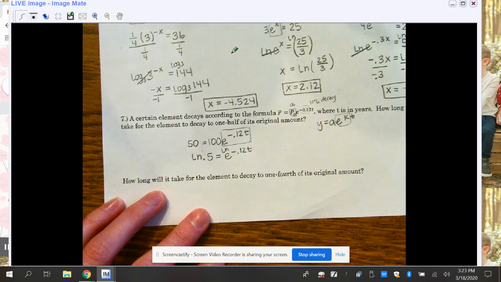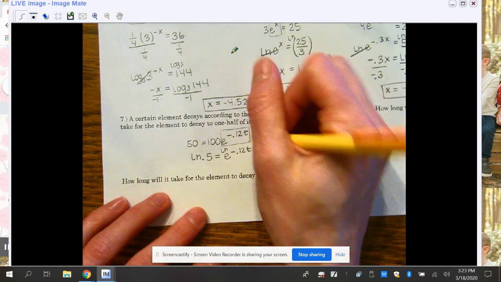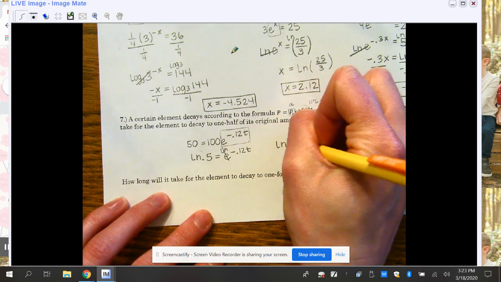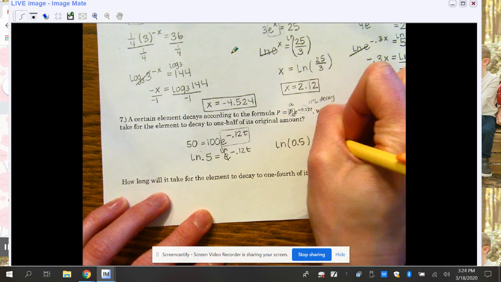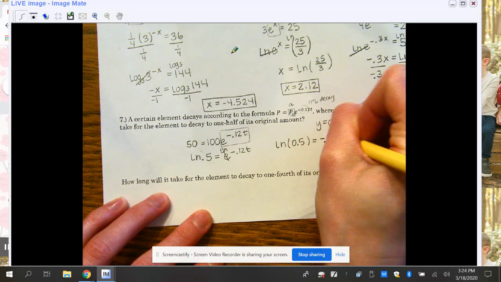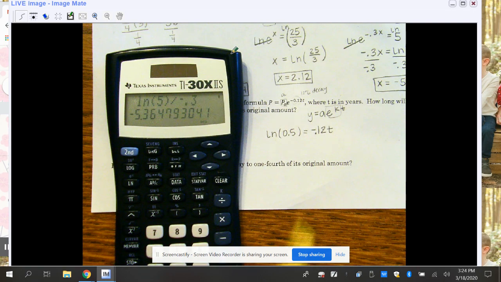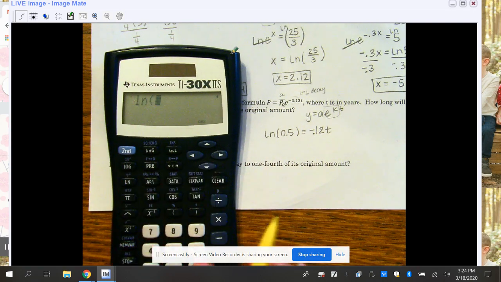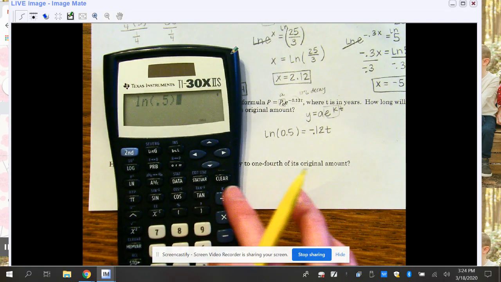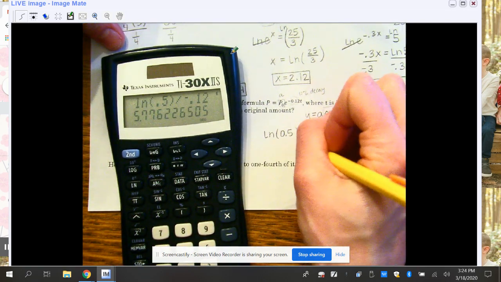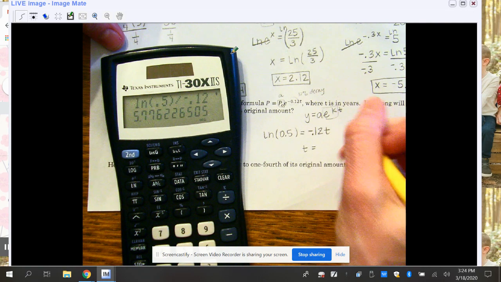So then these cancel each other out. So now we have the natural log of 1/2 equals negative 0.12t. And now we can solve. So natural log of 1/2, close those parentheses, divided by negative 0.12 is about 5.8 years.